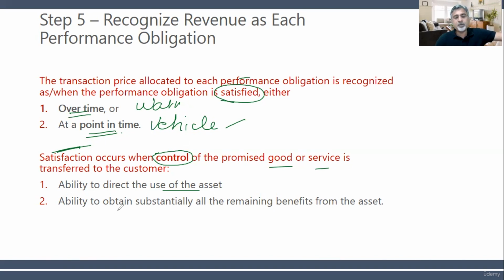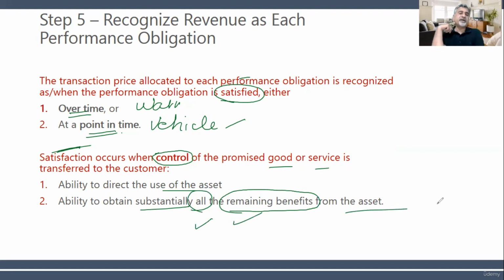And the ability to obtain substantially all the remaining benefits. The word is very important: all the remaining benefits from the asset. So whatever benefits are associated with this car, with this vehicle, you have the ability to obtain those benefits, not myself. So as these conditions are met, you can recognize the revenue.